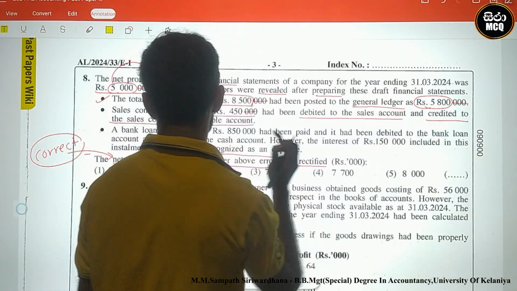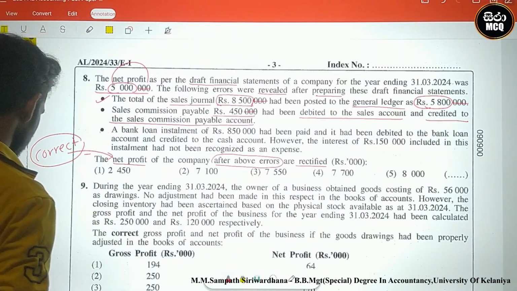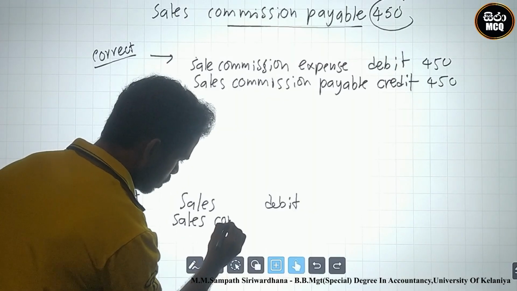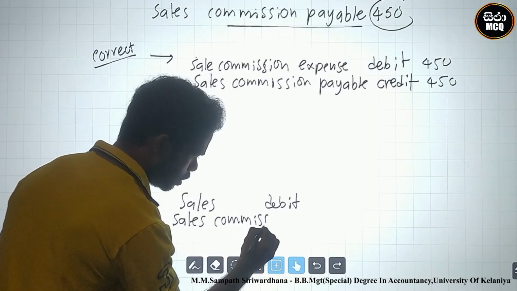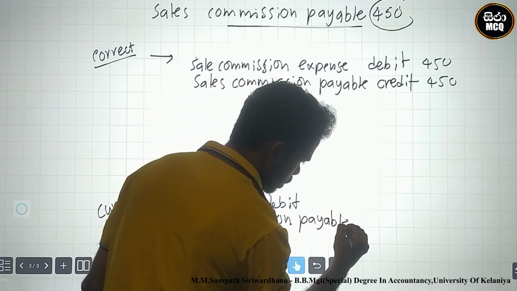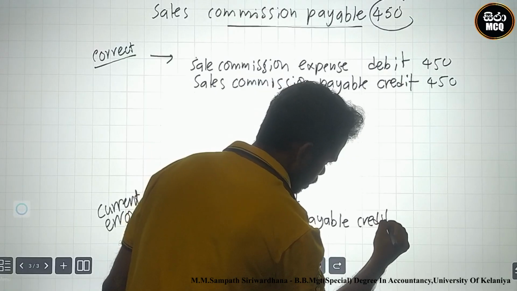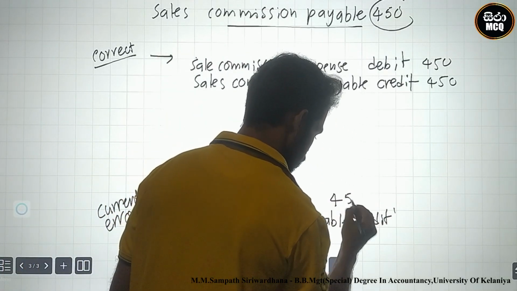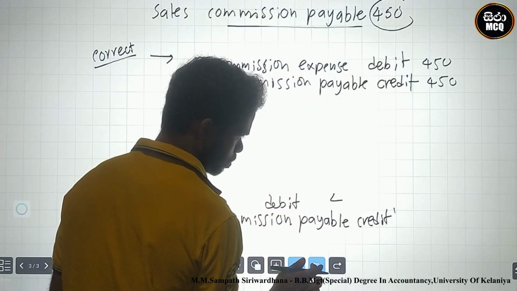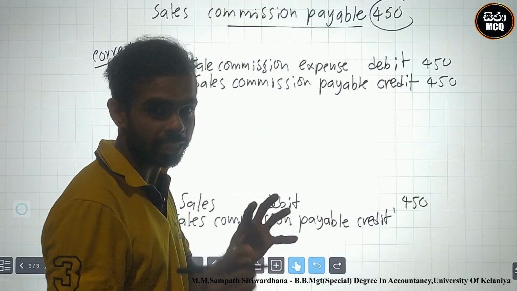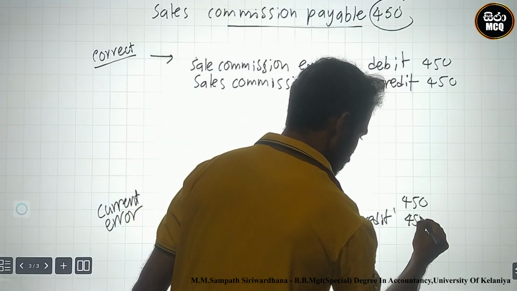Debited to sales account and credited to sales commission payable account. Sales commission payable credit. Which amount? There is no amount directly said, therefore we use the correct value 450.